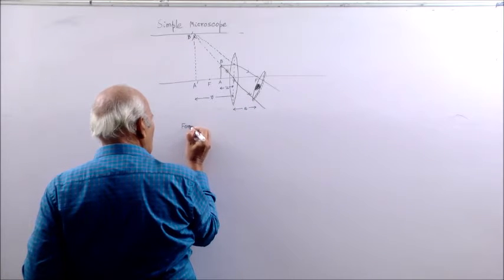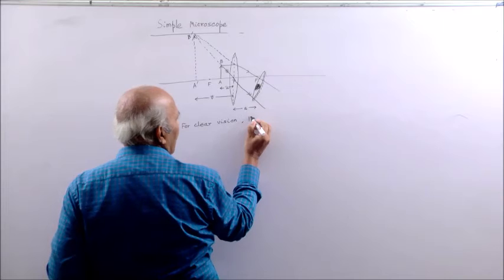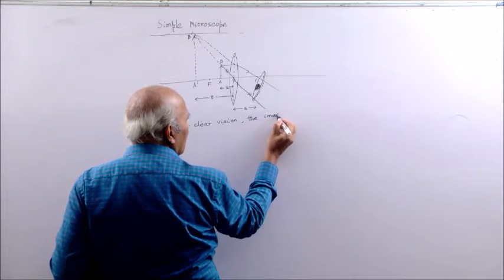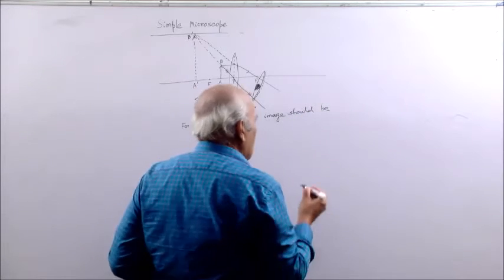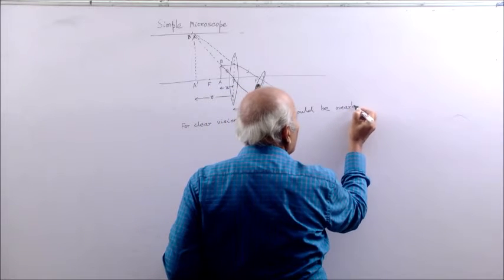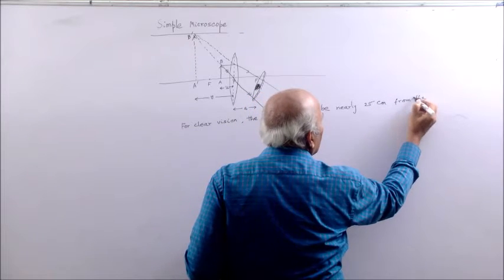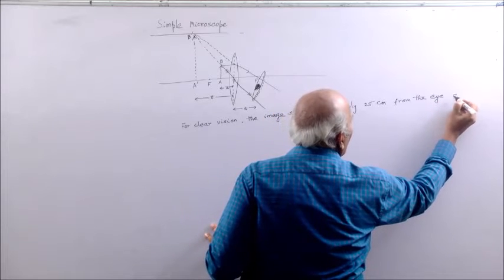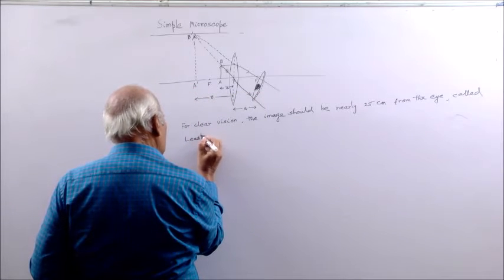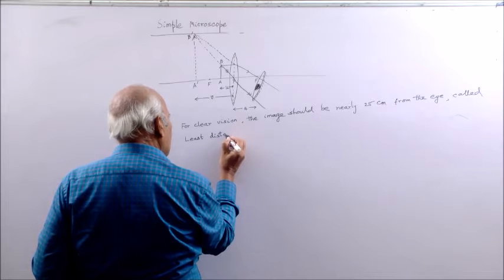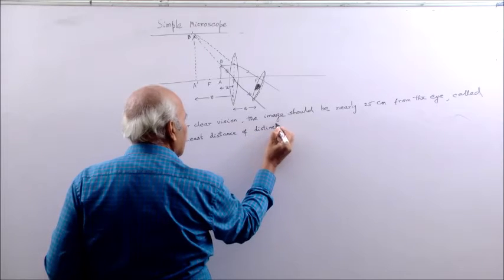For clear vision, the image should be nearly 25 centimeter from the eye, called the least distance of distinct vision.